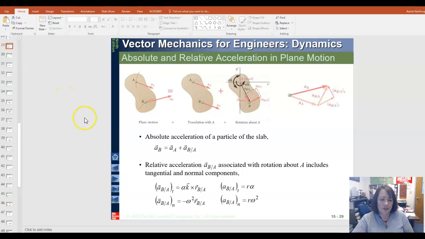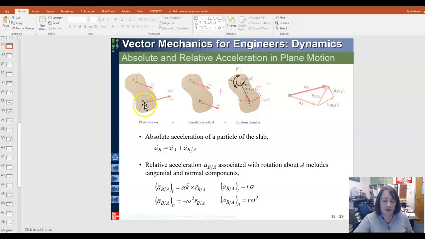So the first thing that we do is develop a technique with the same idea where previously we had the velocity of A, and we said the velocity of B is equal to the velocity of A plus the velocity of B with respect to A. We can say the same thing about acceleration. You can do it in generalized 3D motion as well, but we're limiting our talk to plane motion.